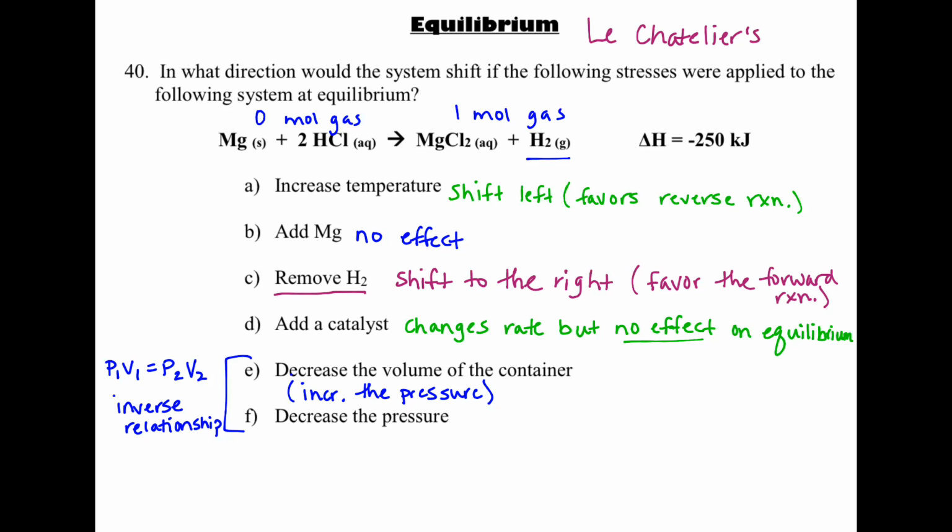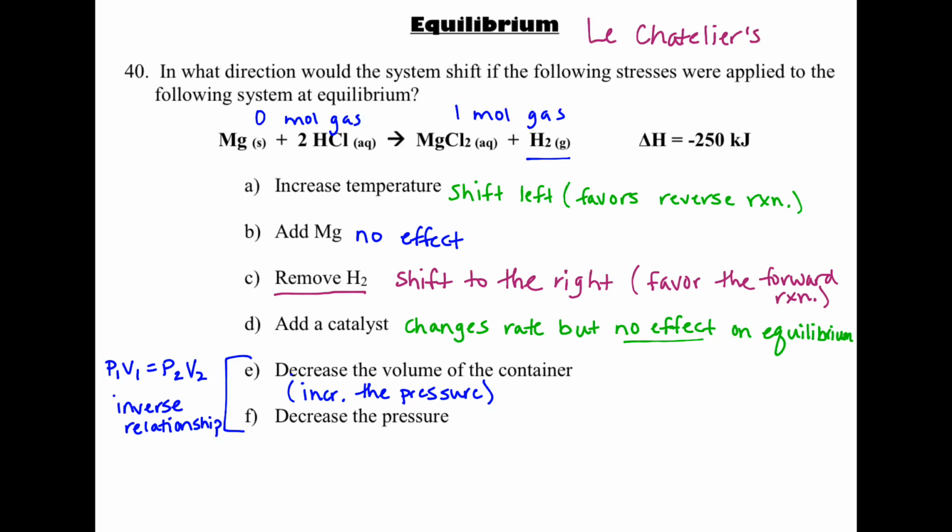So if our volume has gone down and the pressure has gone up, the system wants to counterbalance that by doing something that would actually create less gas, because that would mean fewer collisions and therefore lower pressure, and less gas would be more happy in a smaller volume than a larger amount of gas would be.